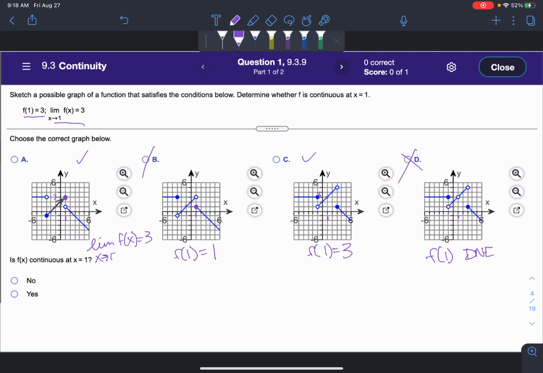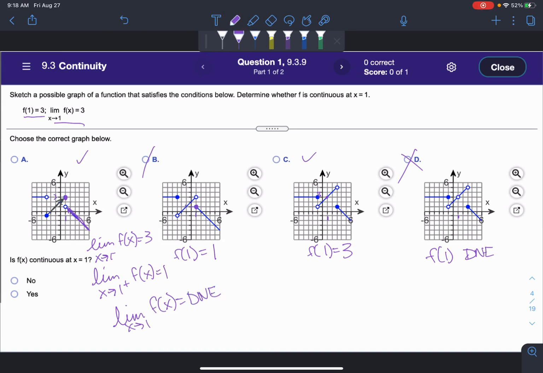However, if I'm going from the right-hand side, what value am I approaching? It appears to be 1. So because they're not equal, I can't say that the limit as x goes to 1 of f of x is 3. It does not exist here.